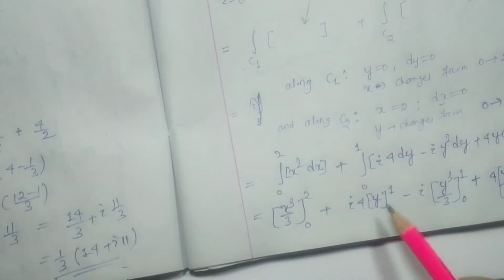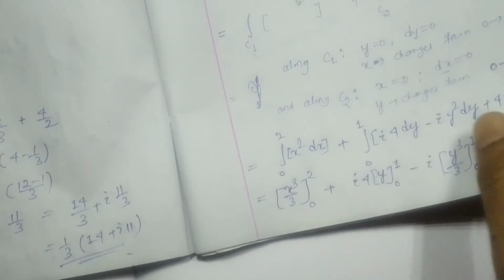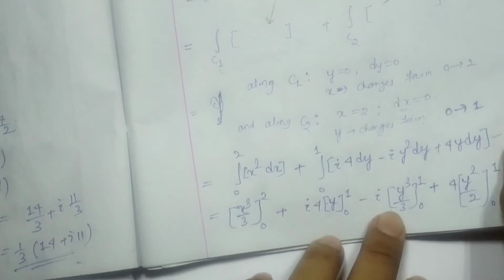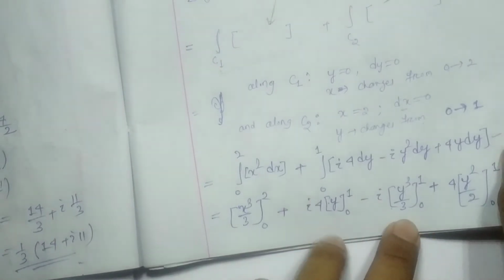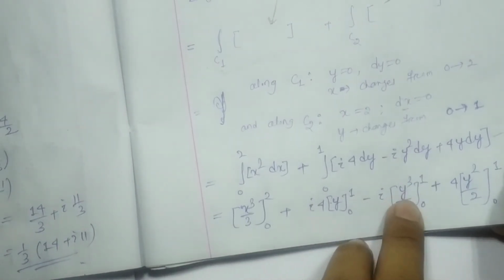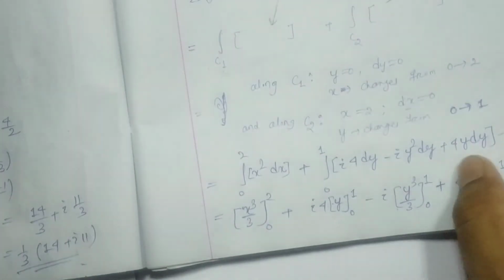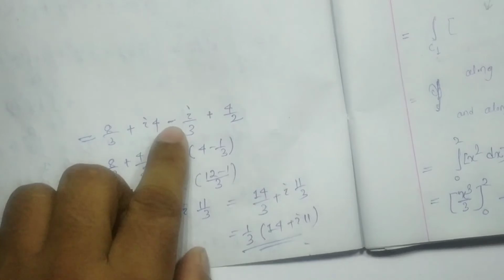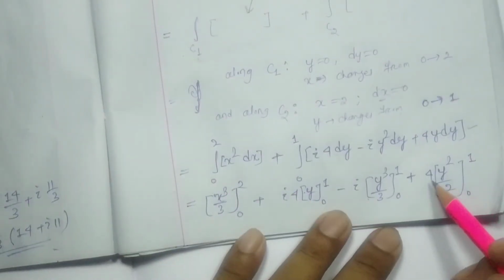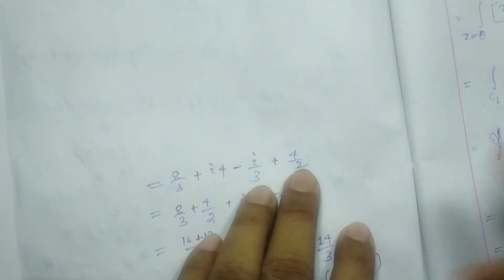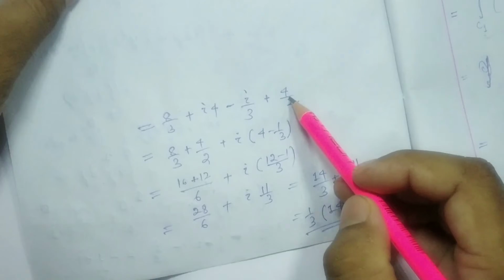Next here this will be only 1, that means 4i. Here it will be i by 3, because y cube from 0 to 1 gives i by 3, so minus i by 3. Then for the last term, putting the limits, this will be 4 by 2. Now we just simplify: 8 by 3 plus 4 by 2.